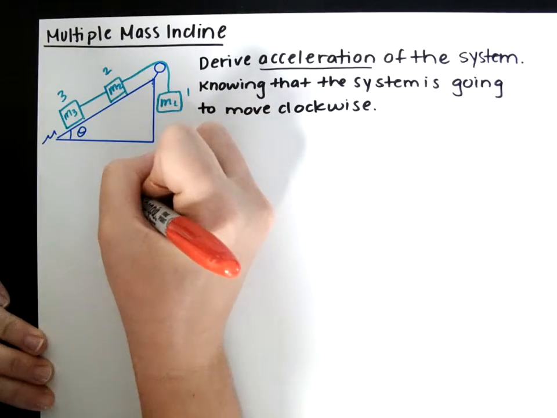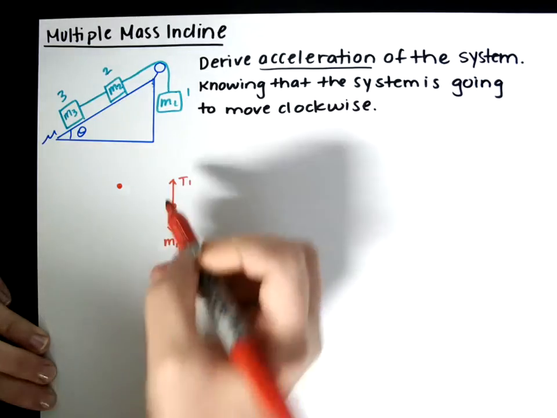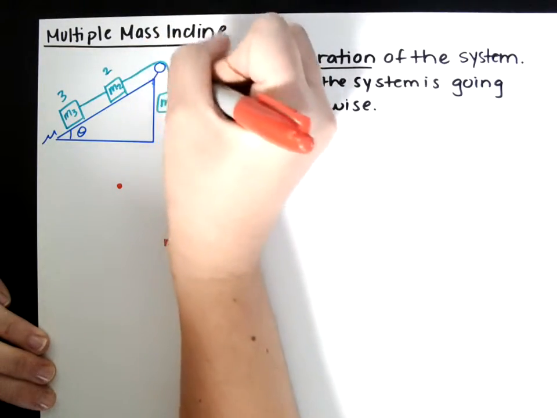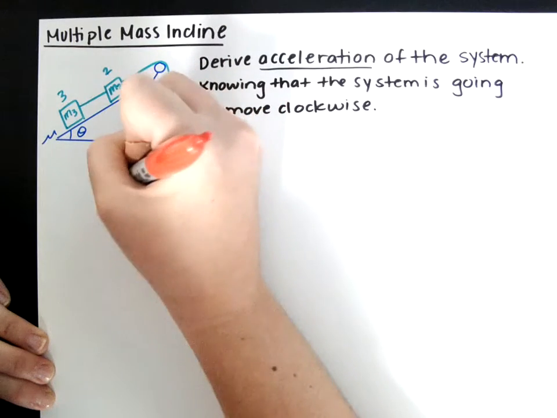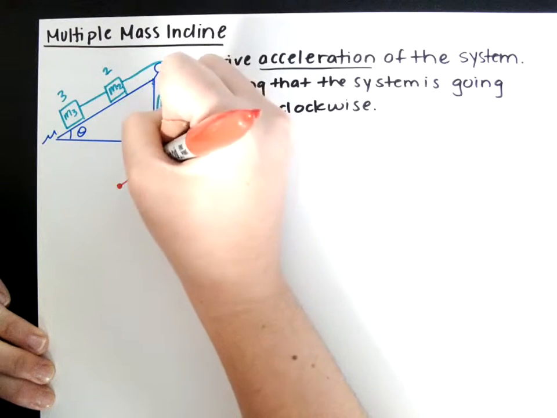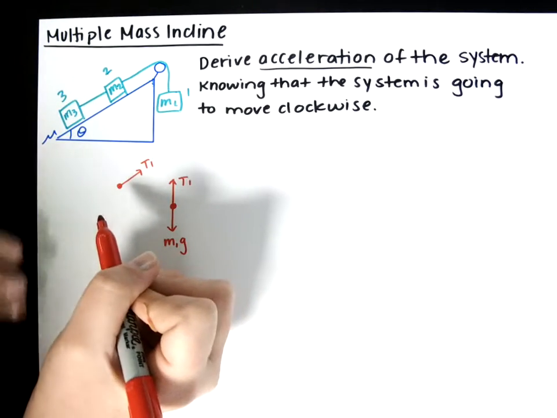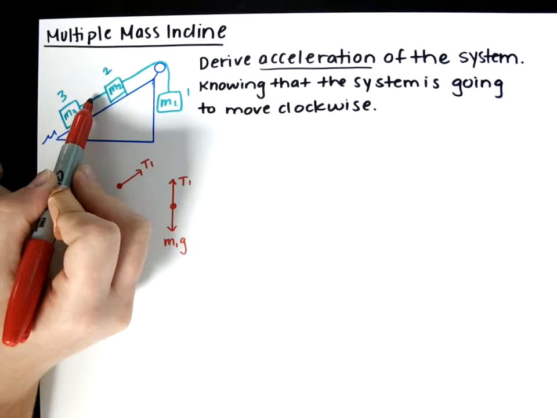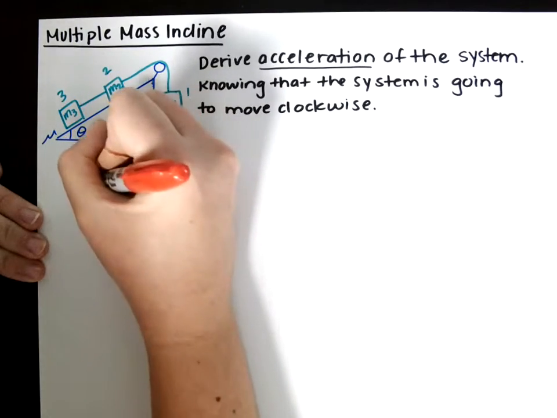For M2, it's connected to the same string. It's the same string connecting M1 and M2, so we have tension 1 pulling on the box this way. And we have tension 2, there's another string connected to it on this side, tension 2 pulling down this way.